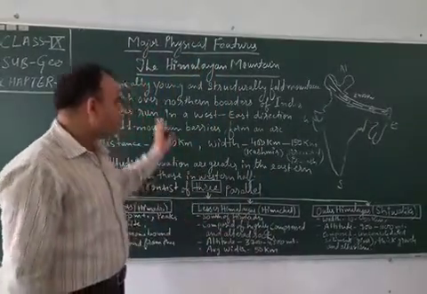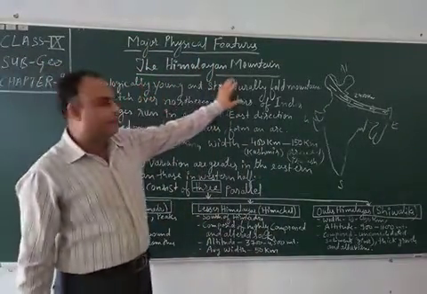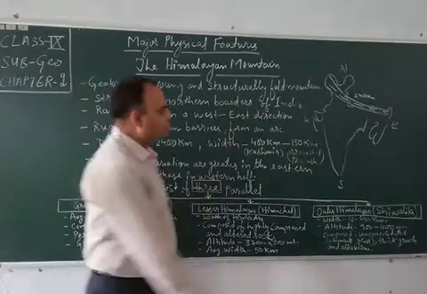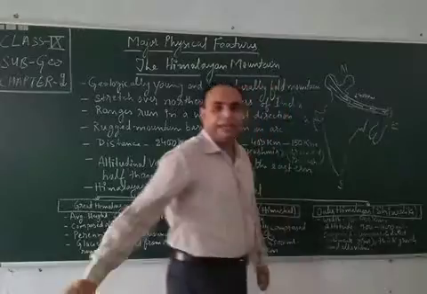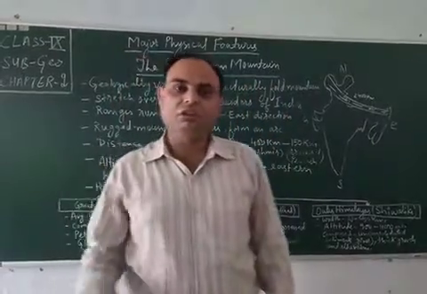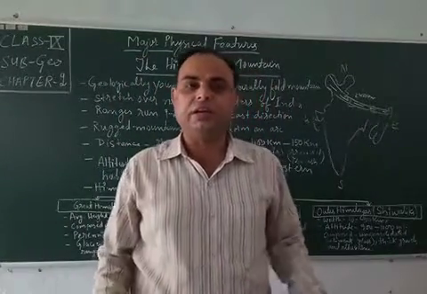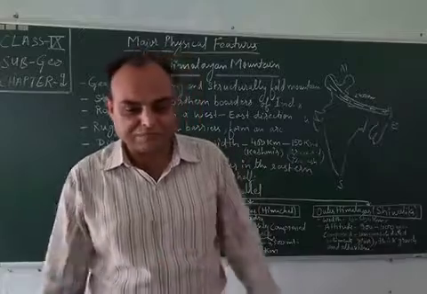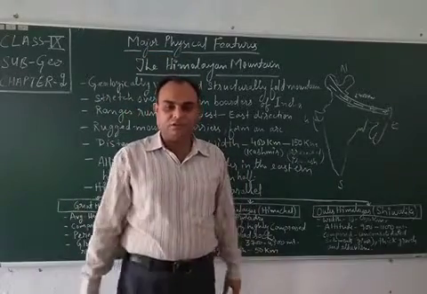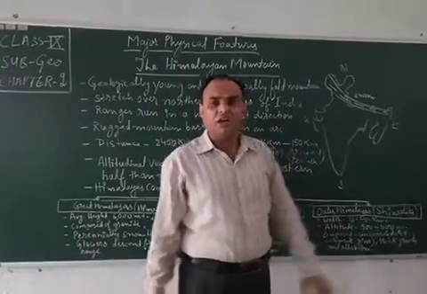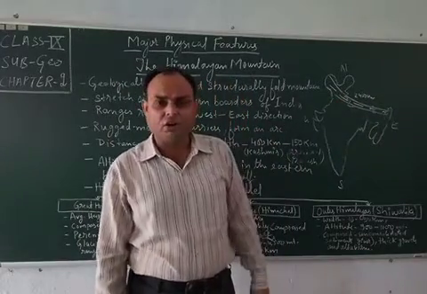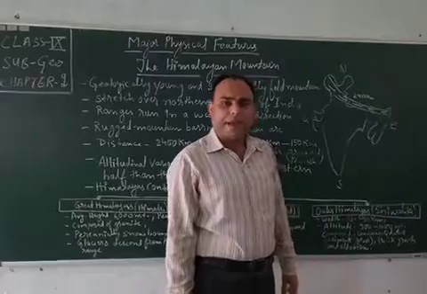Besides this, just now we have seen the Himalayan mountains. We have seen only the northern part. They are all asymmetrical. All the ranges are not symmetrical. They are all different from one another. These are the loftiest mountains of India, making a barrier.